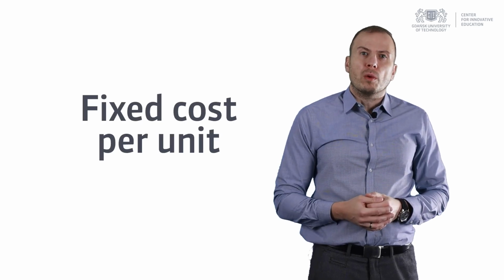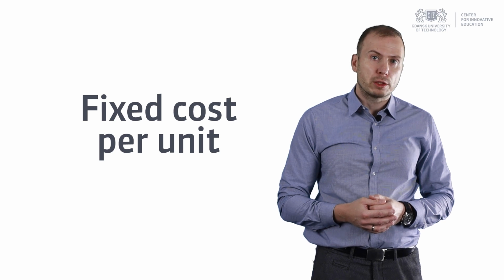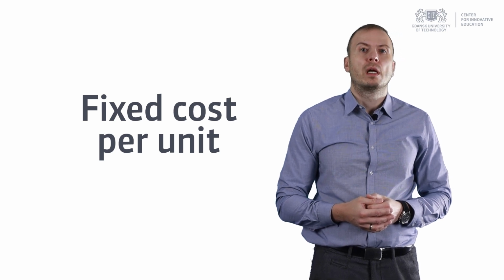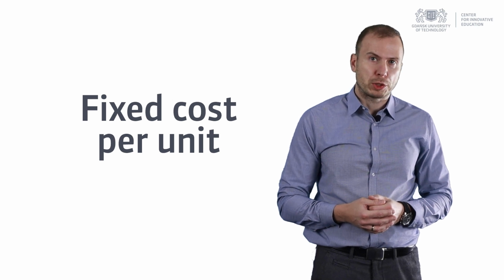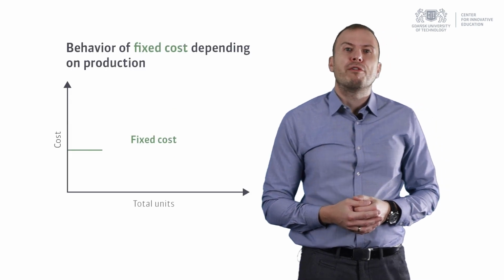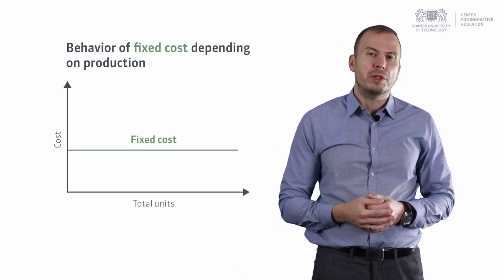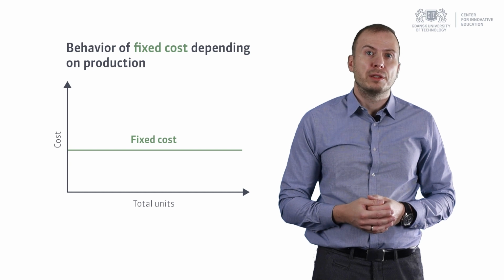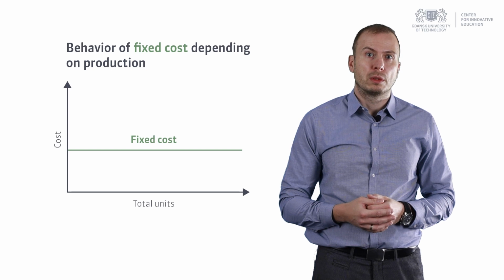Since we already know what a unit is and what a fixed cost is, let's talk about fixed cost per unit of production. While fixed costs do not depend on the production volume, the higher the production, the smaller part of fixed cost should fall for each product.